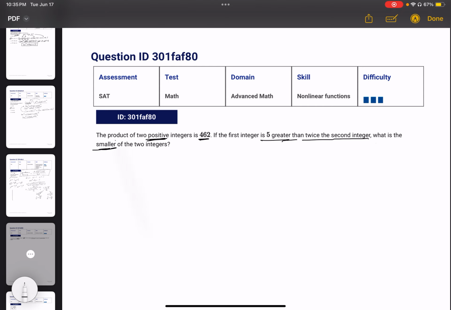So product of means we're multiplying two things, correct? And we know it's equal to 462. The first integer is 5 greater than twice the second integer. So when it says greater than, that's always like 5 plus whatever.